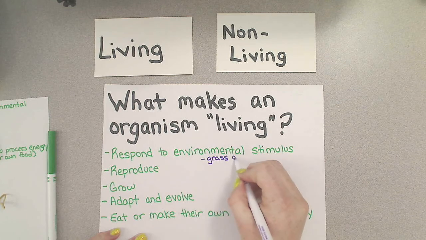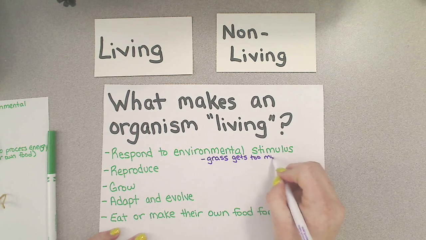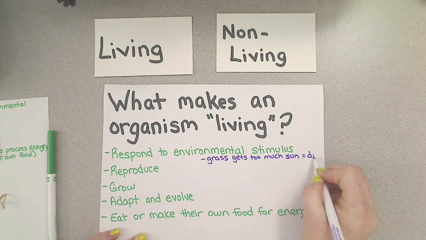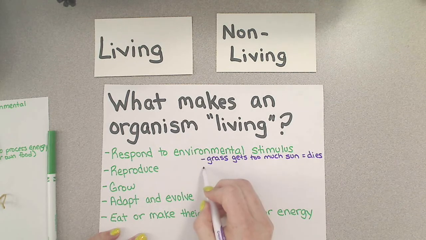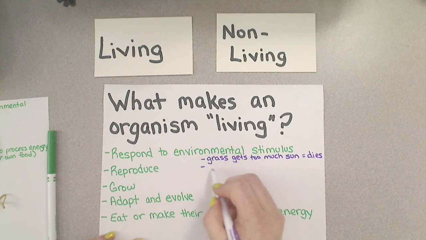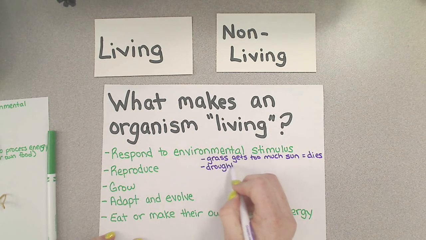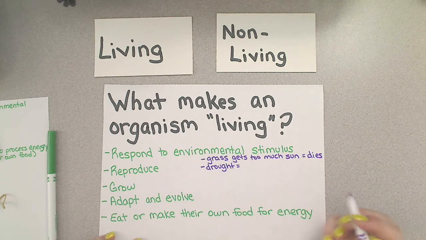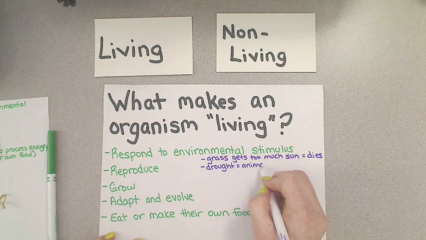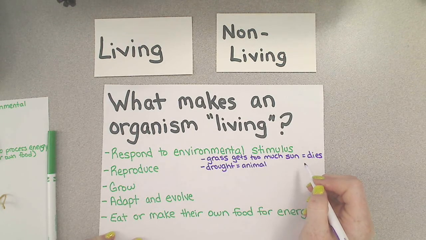This could also be if there is a drought, meaning that there's not enough water, an animal will travel to a location where they can find it.